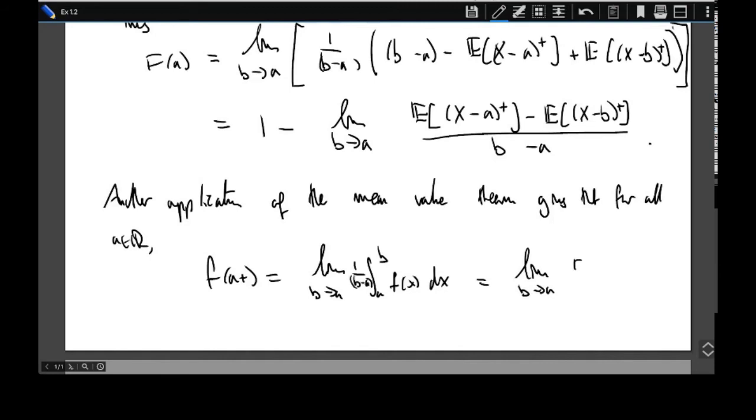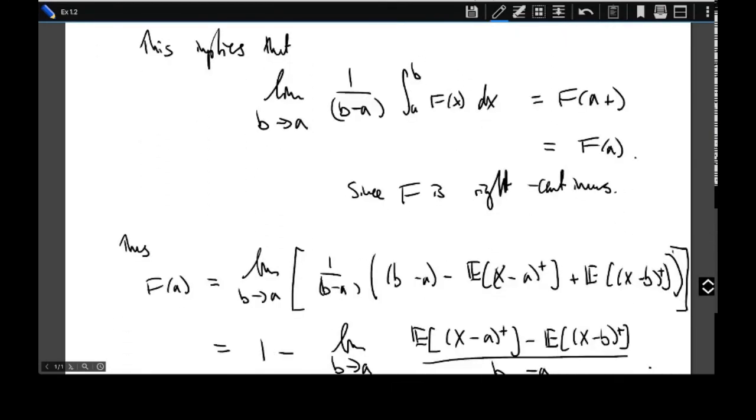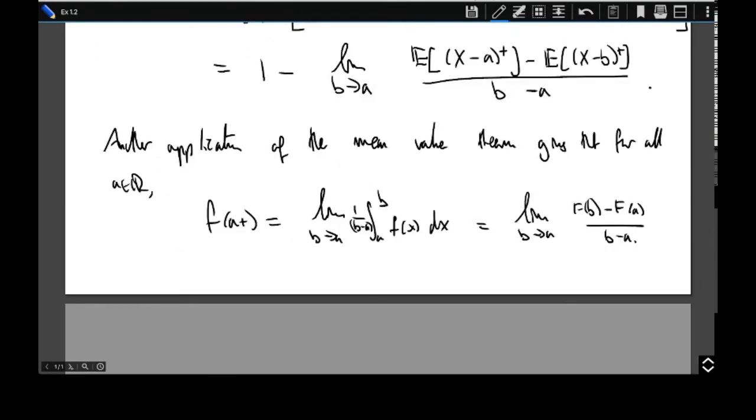So that can equally be written with the antiderivative of little f, that's capital F, so F(b) minus F(a) over b minus a. So just doing exactly the same as we did before. I've skipped the step of writing out the mean value theorem, but no different logic there.